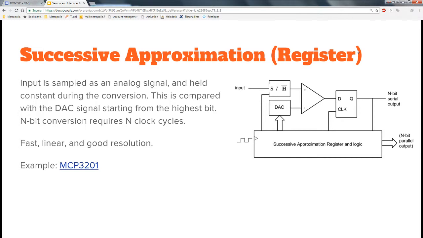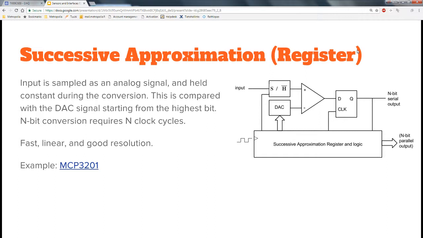Very high precision and also quite fast, since you can do those comparisons at rates up to say 100 megahertz, which means that you can have in order of 10 megahertz sampling rate for a 10-bit A to D. Pretty good.